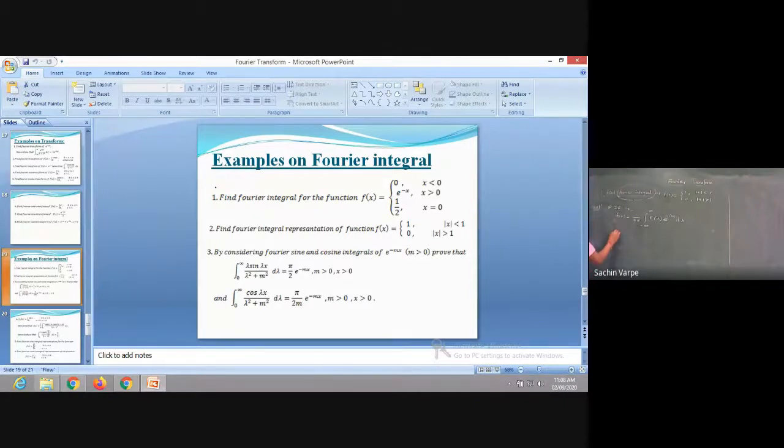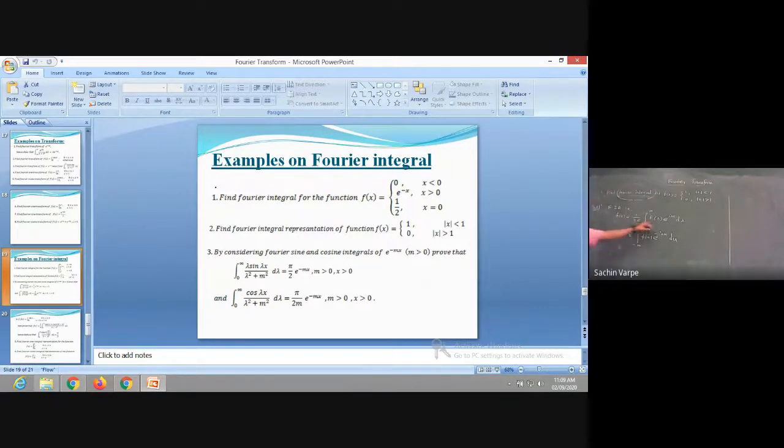So where F(lambda) will be the integral from minus infinity to infinity of f(u) e to the power i lambda u du. I think it must be plus here and here it is minus. Please check the formulas.